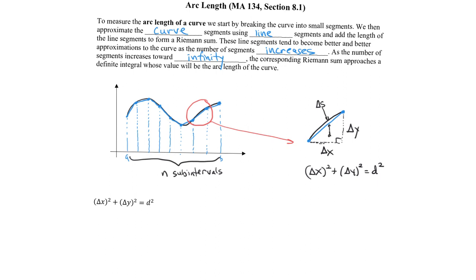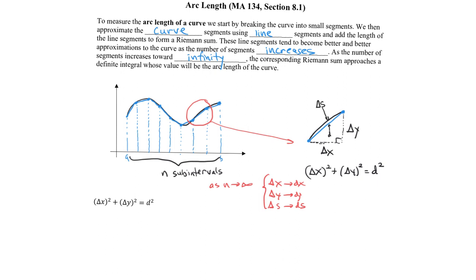We know that as n approaches infinity, as the number of subintervals gets larger and larger, what will happen is this. Delta x will approach dx, delta y will approach dy, and delta s will approach ds.